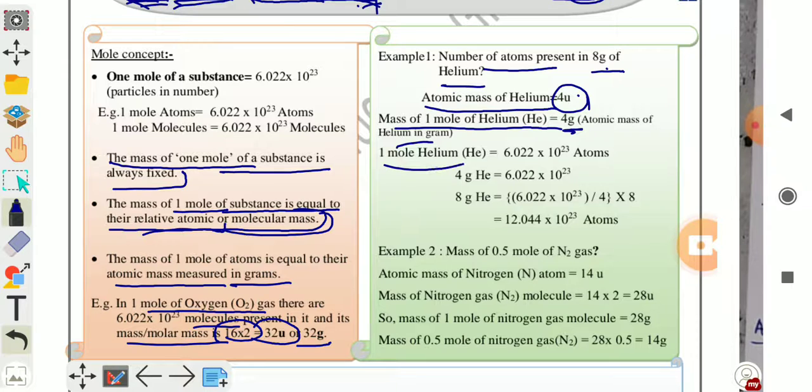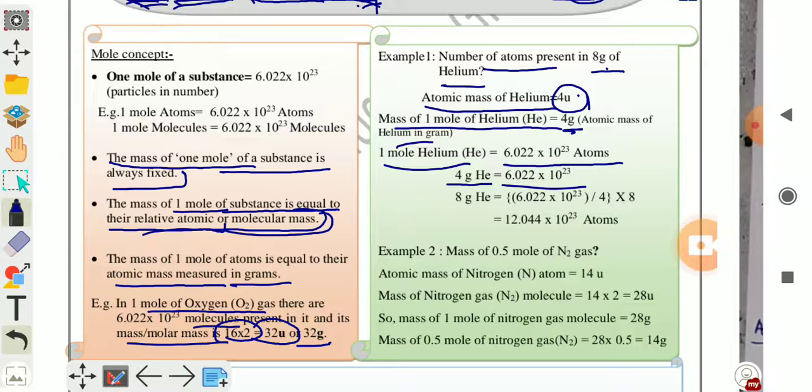So 1 mole of helium contains how many particles? 6.022 into 10 raised to the power 23 atoms. So 4 gram is equal to 1 mole, and the number of atoms will be 6.022 into 10 raised to the power 23.